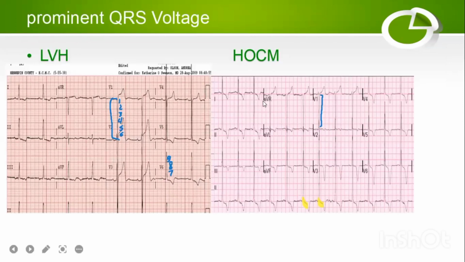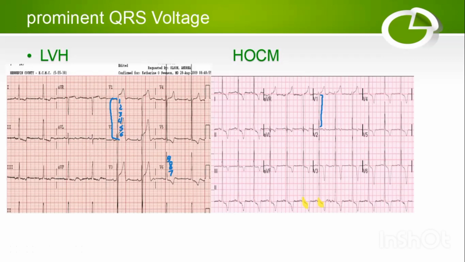In the next ECG, there is a predominant voltage of S in V1 and a predominant voltage of R in V6. Counting the large squares of R in V6 and S in V1: 1, 2, 3, 4, 5, 6, 7, 8, 9 large squares.